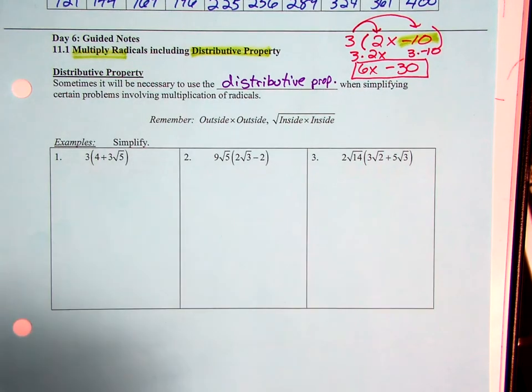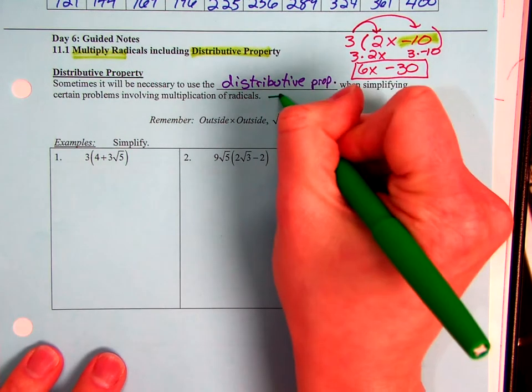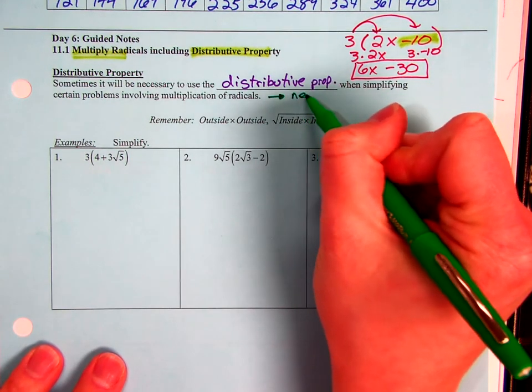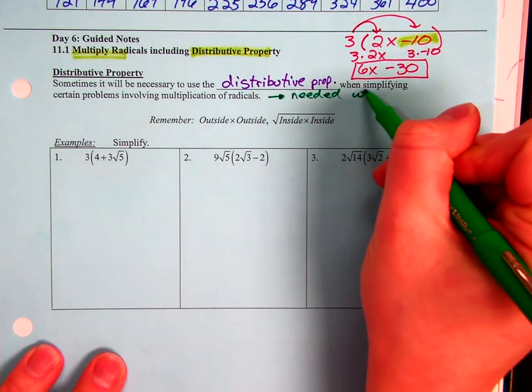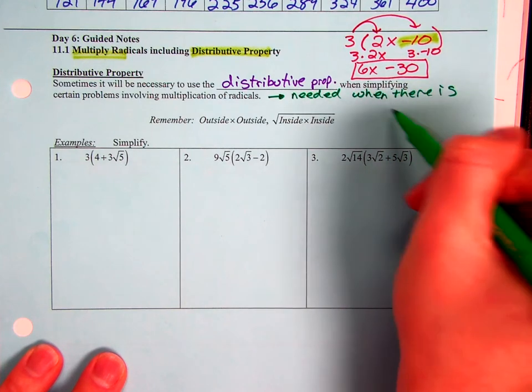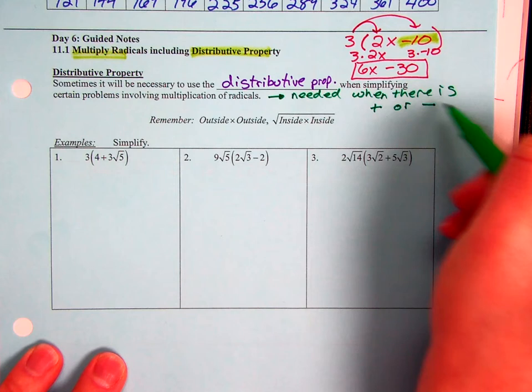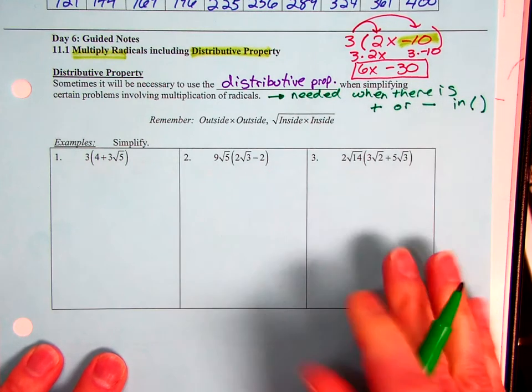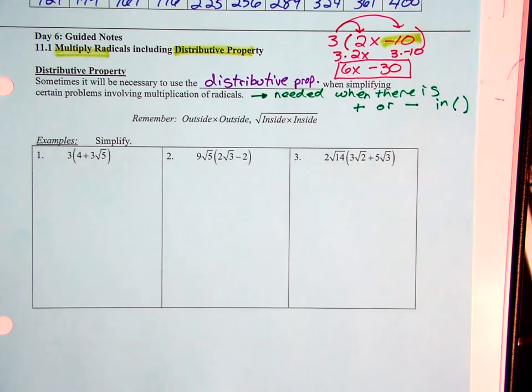I will tell you that distributing is necessary whenever there is addition or subtraction in the parentheses. So anytime you see addition or subtraction in the parentheses, you're going to need to distribute. The same basic rules apply that we did before.